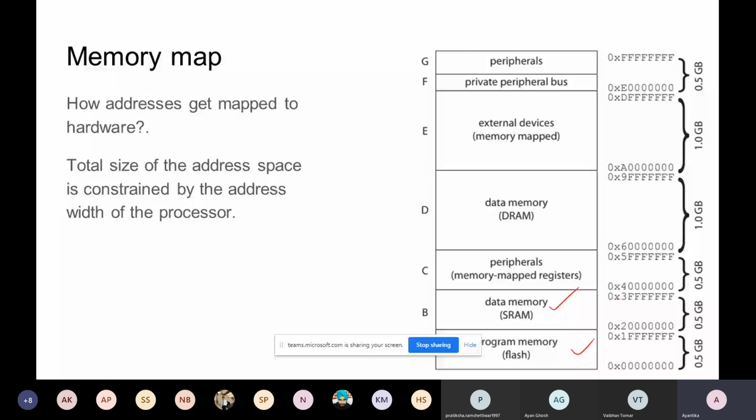Rather than that, we can go straightforward with a memory map strategy, where we associate a few specific memory locations where we will put the data for that external device.